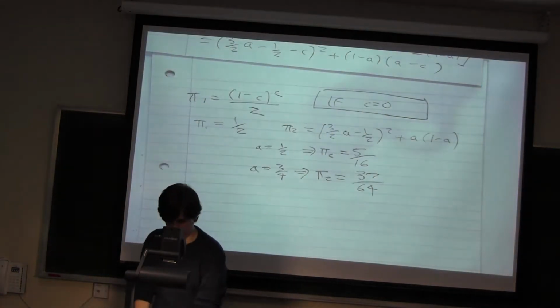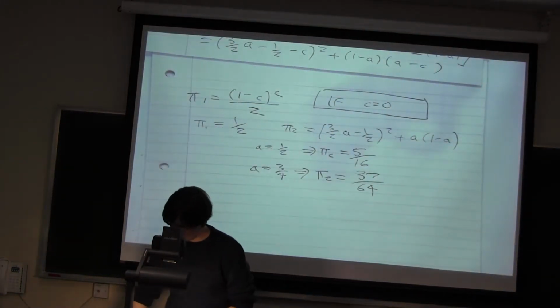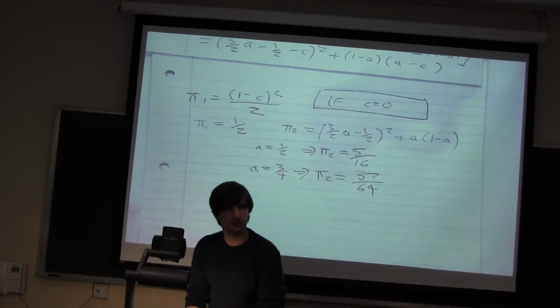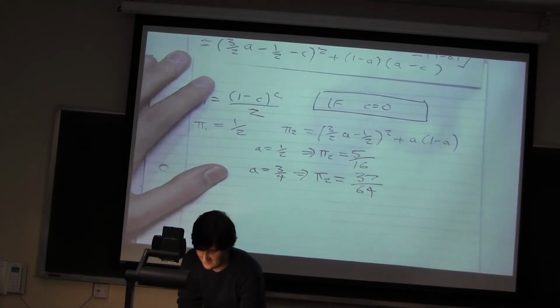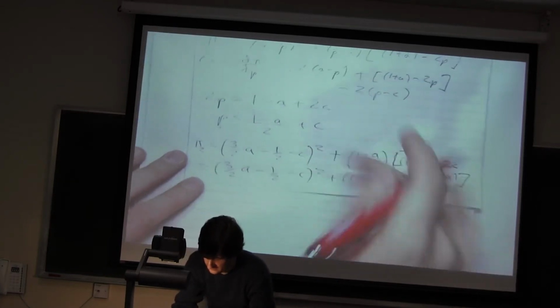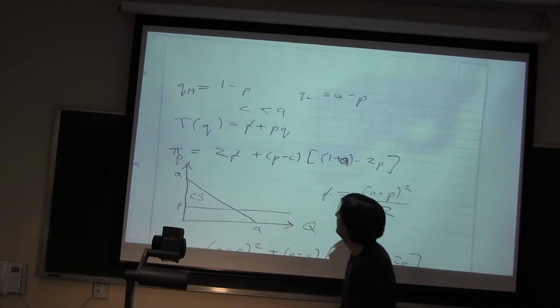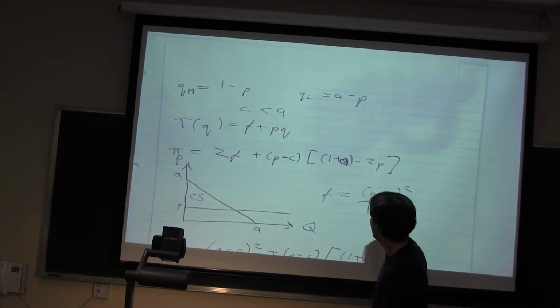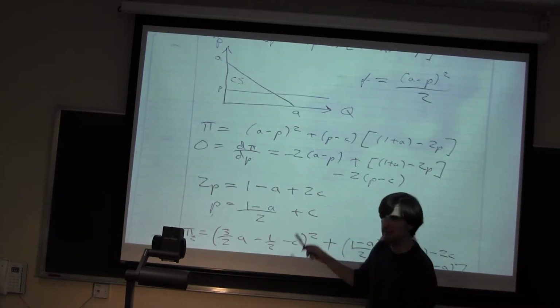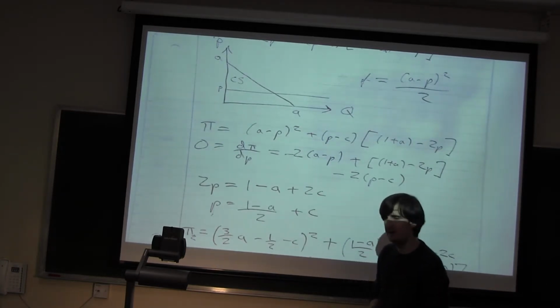Under the two-part tariff, the high type is getting a bundle. When the firm is selling to both types, they're setting F equal to that and price equal to that.